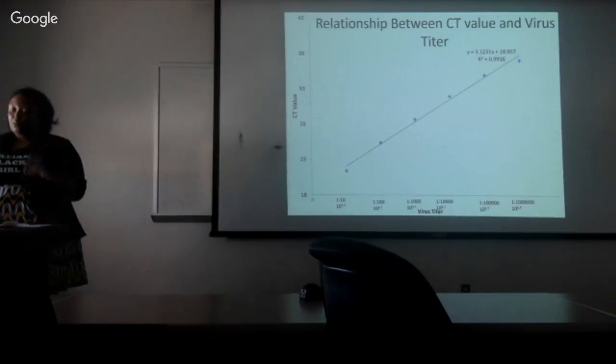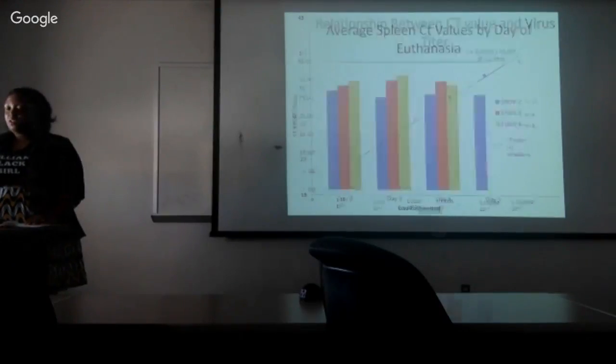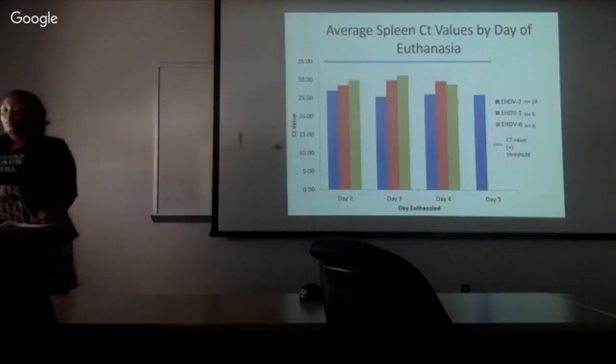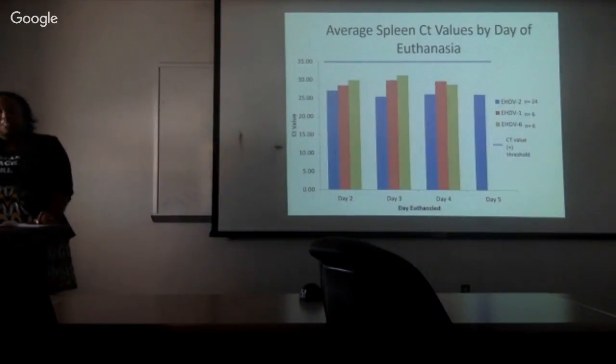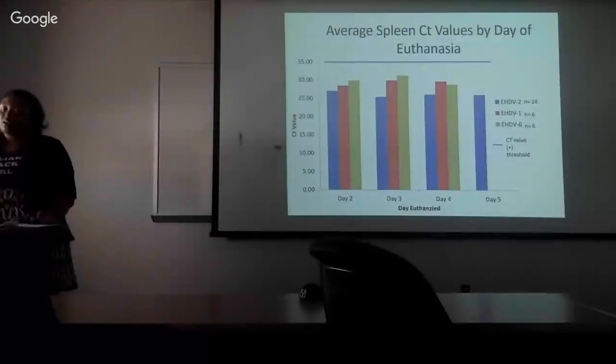And that's important to remember for the next coming slides. So here we just have the average spleen CT values by day of euthanasia. And we have our threshold value, a CT value of 35. And if you look at the EHDV2, which has the largest sample size, we see a dip in CT value on day 3.